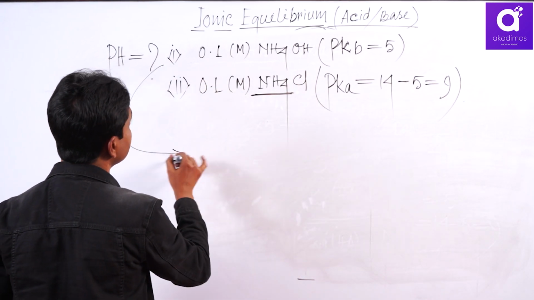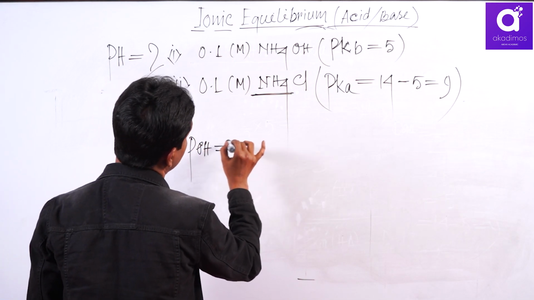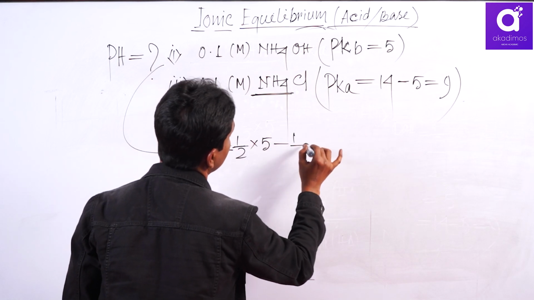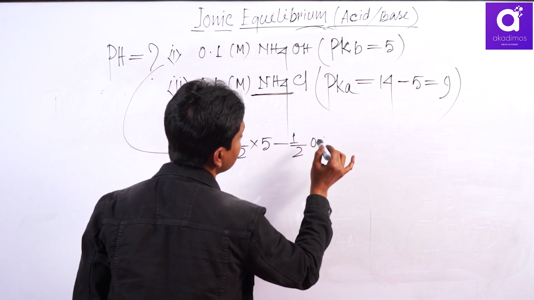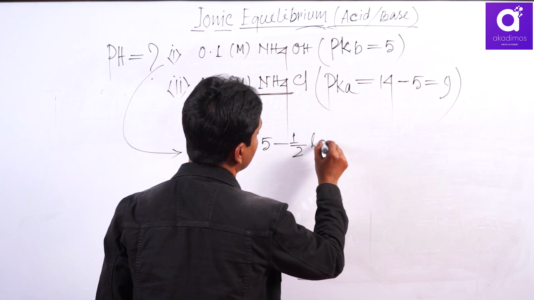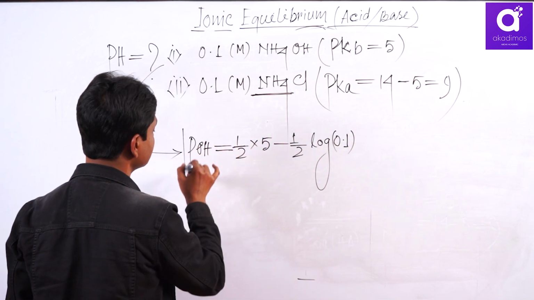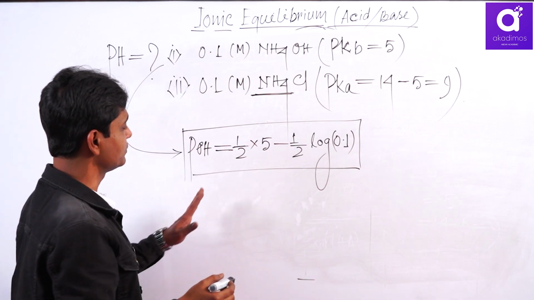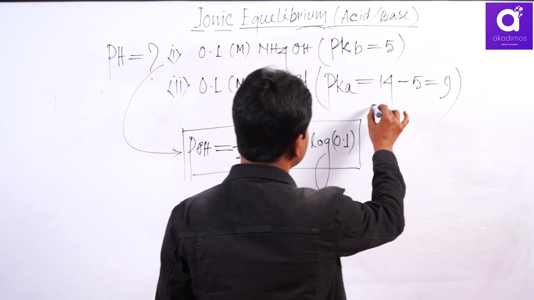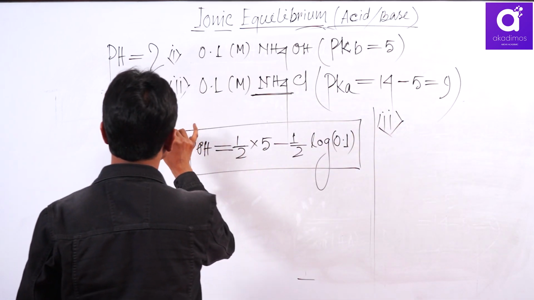Then for the weak base, pOH is equal to half pKb, half into 5 minus half log 0.1. By using this equation you will get pOH, and from 14 you will get the pH easily.